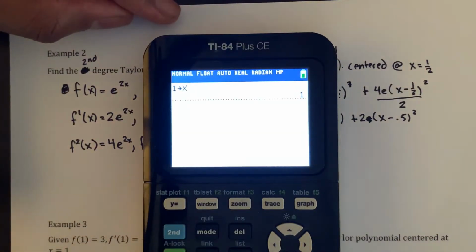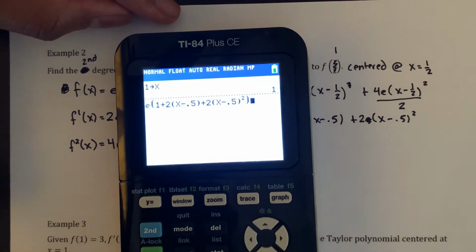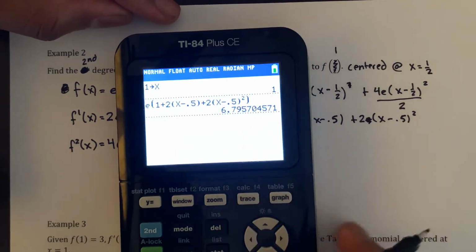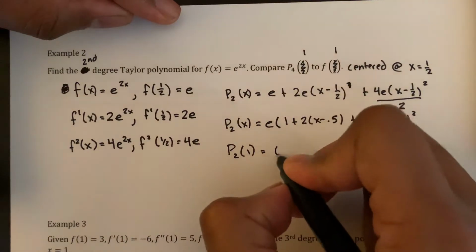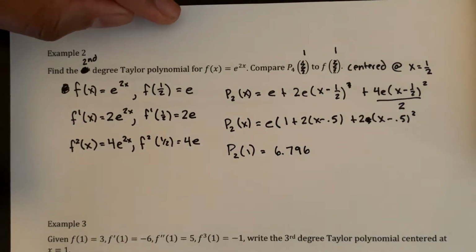So we're going to have e times 1 plus 2 times x minus a half plus 2 times x minus a half squared, and close parentheses, we press enter, we get 6.796. So 6.796 is what we expect for the approximation.